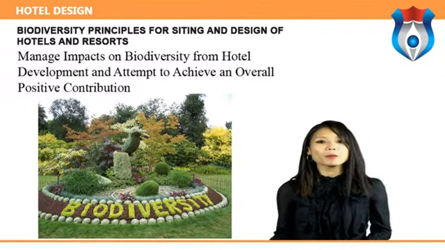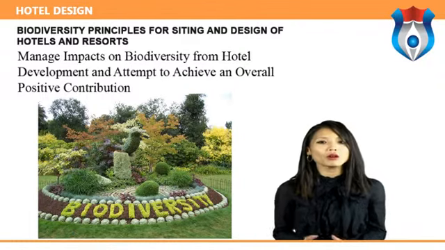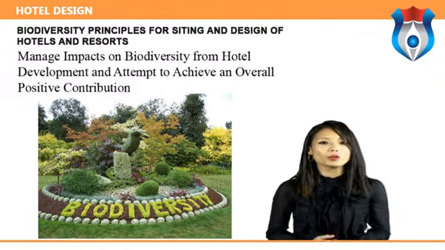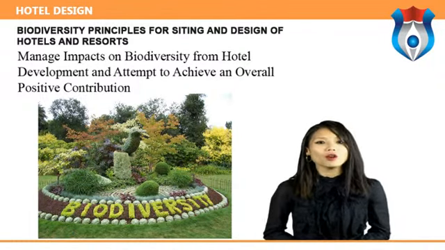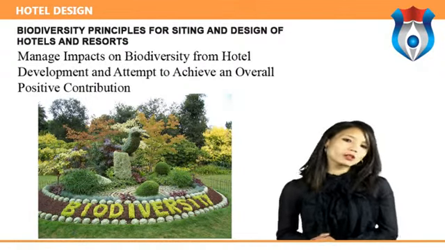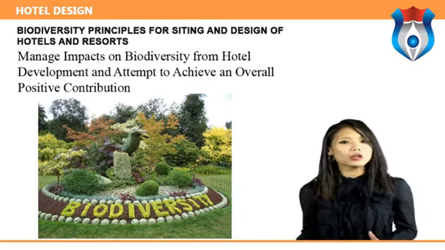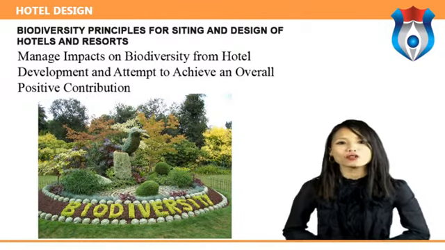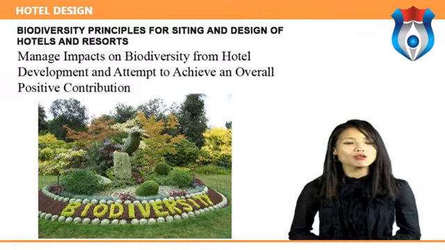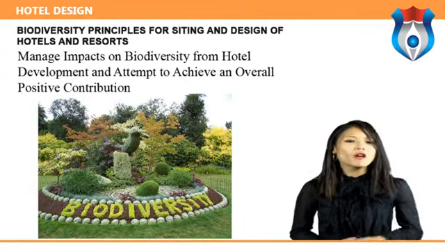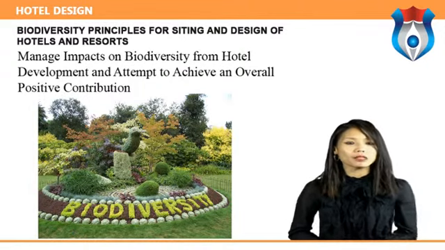Hotel and resort developers should aim to achieve a demonstrable overall positive contribution to the conservation of local biodiversity. Developers and relevant government agencies should employ a clear sequencing of mitigation actions at the earliest planning stages to manage biodiversity risks from hotel and resort developments.